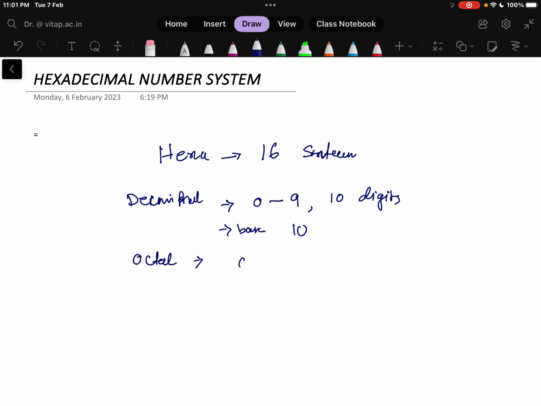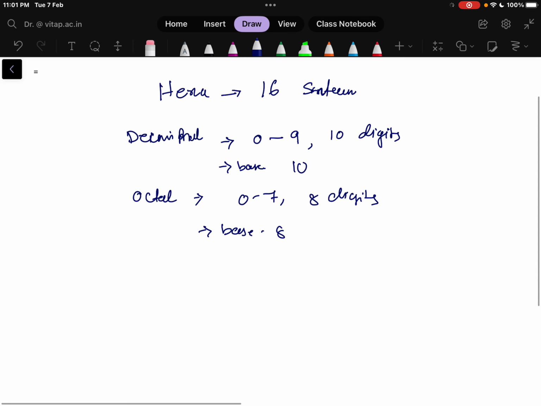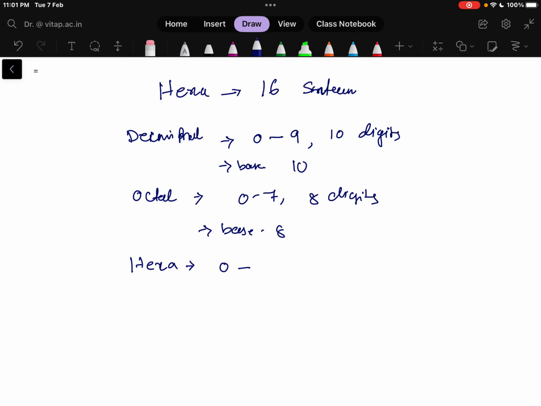In octal, 0 to 7, that means 8 digits were used there, right? And the base was 8. Then we are going to learn about the hexadecimal number system. In the hexadecimal number system, the numbers used will be 0 to 15 and a total of 16 digits are there. Okay, and the base here is 16.